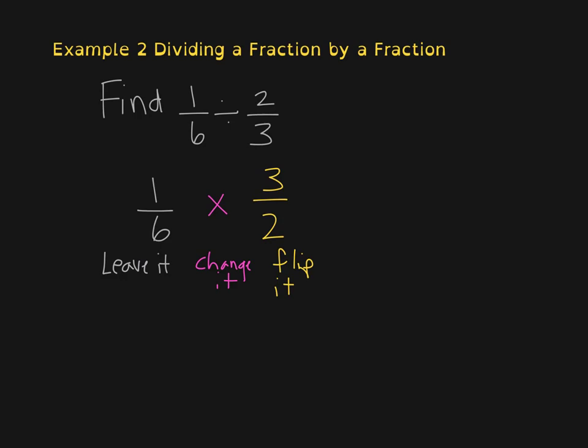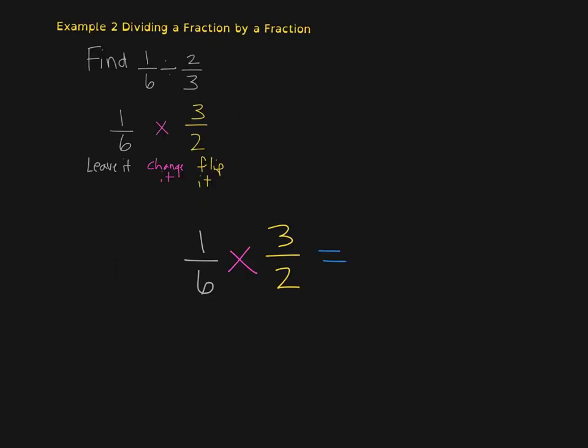So now that I've done that, I'm going to zoom this out in a second, and so we can solve it. Now I'm left with a multiplication problem with fractions. If you can multiply fractions, then you're in good shape. If I've got a 1 and a 2, there's nothing I can do. I can't cross factor them.